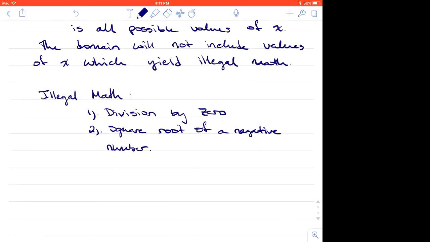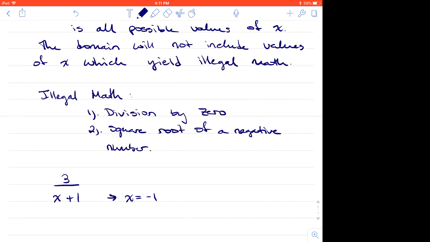For example, if you have 3 divided by x plus 1, then x equal to negative 1 can't be in the domain. We can't have x equal to negative 1 because negative 1 plus 1 is 0, trying to divide by 0.